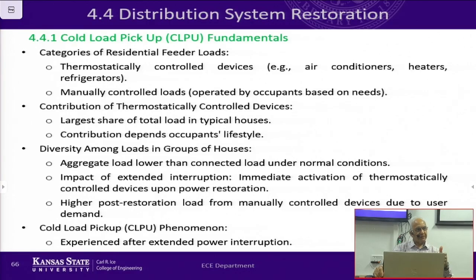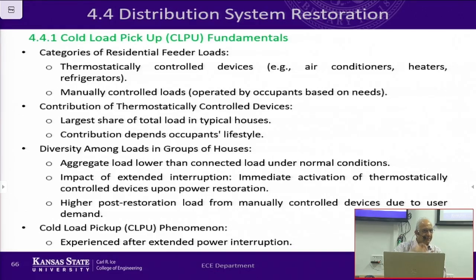In normal operation, air conditioning in this room is working, the other room may not be working because it's a cycle. Because of that, there is a natural diversity between the operation of air conditioners. So maybe at a given time, 50% or 60% of the air conditioners are running, and the remaining 40% are not running.